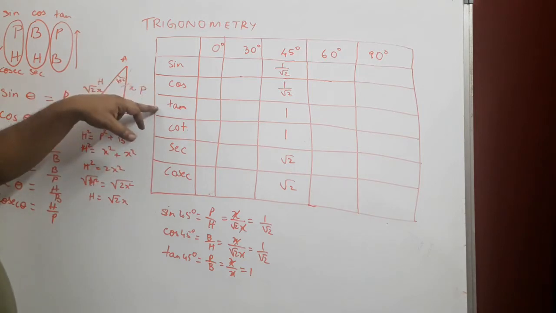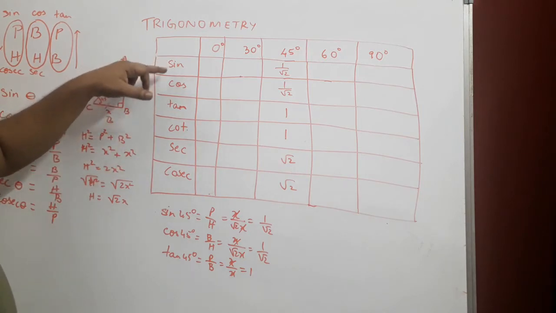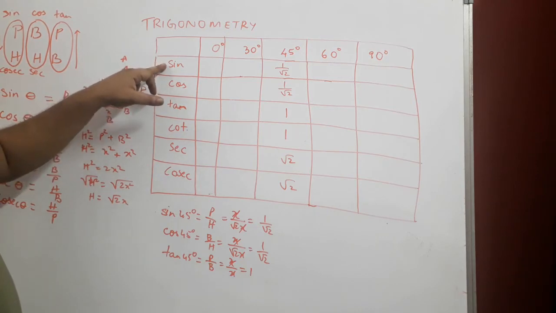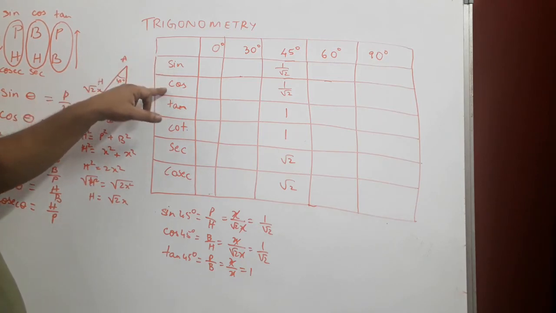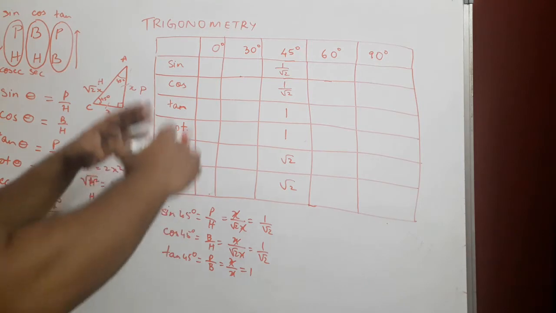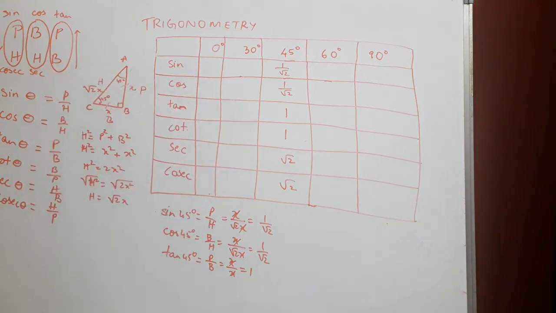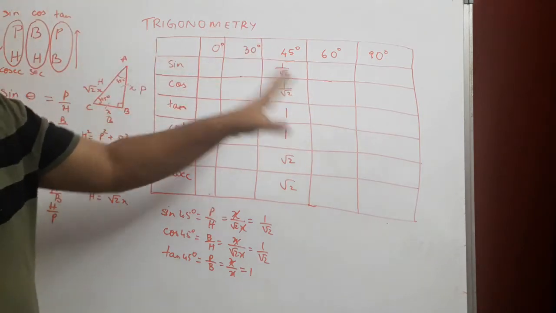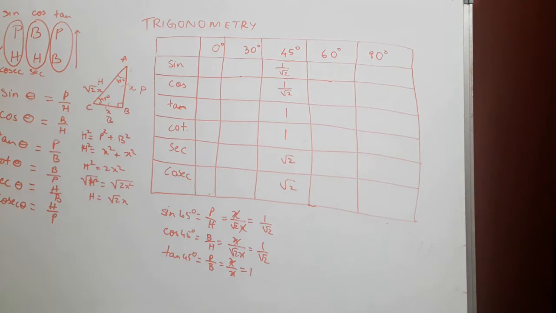So it is enough to know sine and cos. But we'll learn how to memorize this table, or how to make this table easier to apply for problems, later on in this video. For now we'll just find out the different values of different angles and different trigonometric ratios.